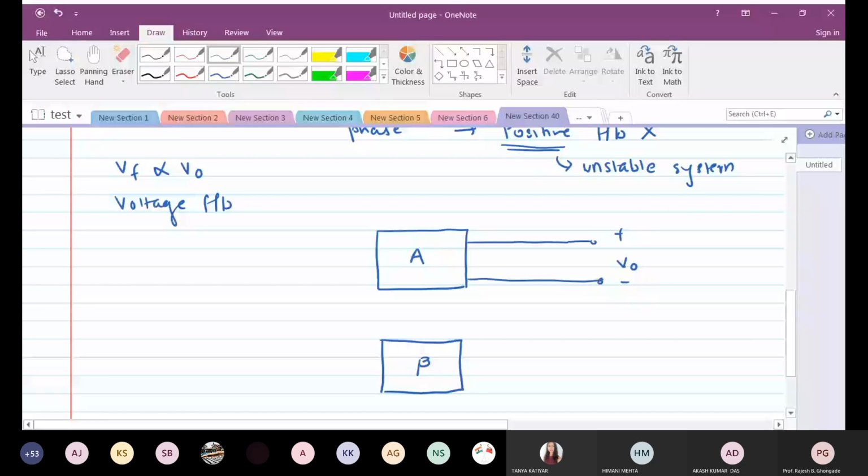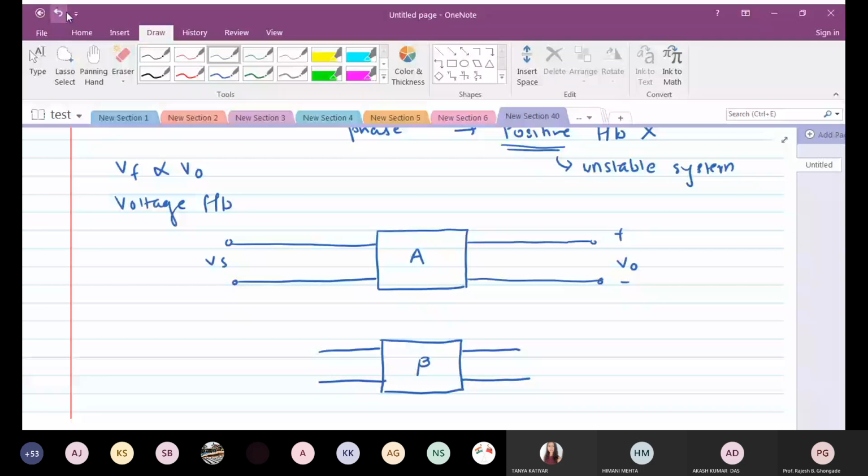We are supposed to have input from this. We have our usual input Vs and the output. How do I connect this? So this is marked as plus minus Vf. The way in which I connect this is very important.